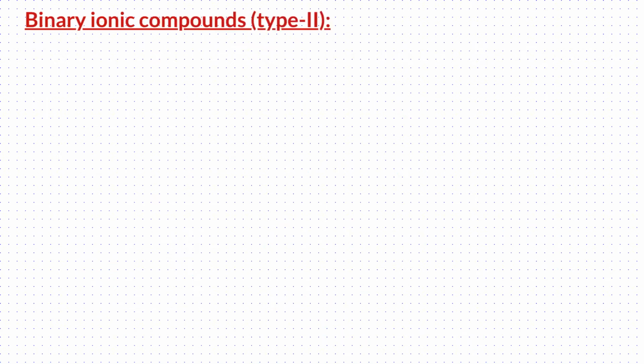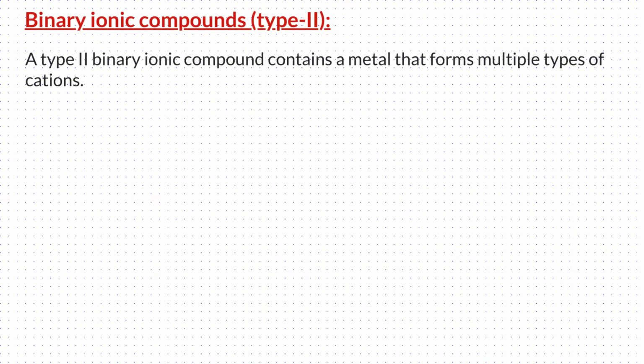Next, let us discuss how to name a type 2 binary ionic compound. As discussed earlier, a type 2 binary ionic compound contains a metal that forms multiple types of cations. As we discussed earlier, iron can form two different types of cations, Fe2+ and Fe3+.